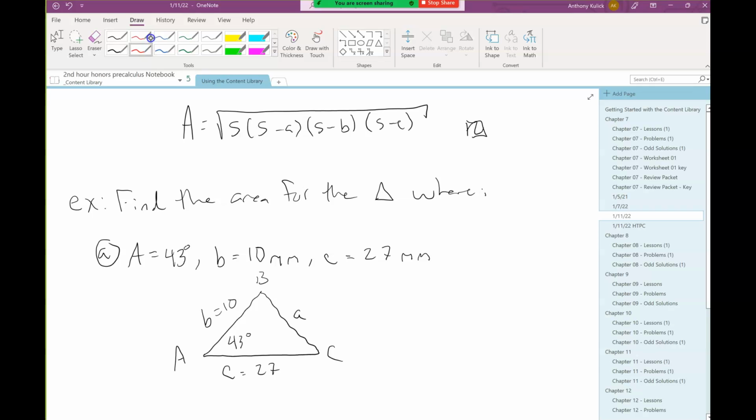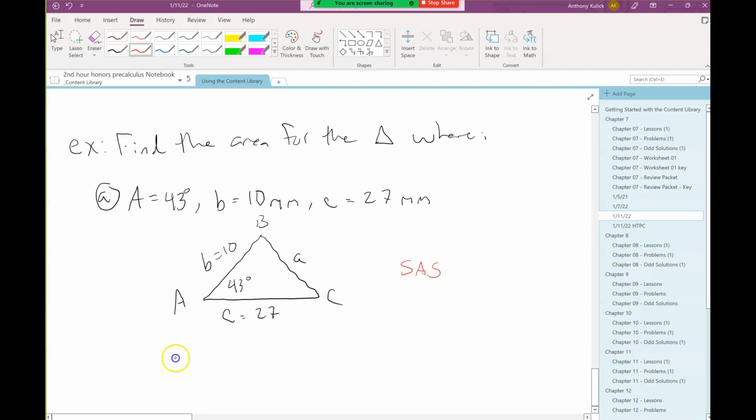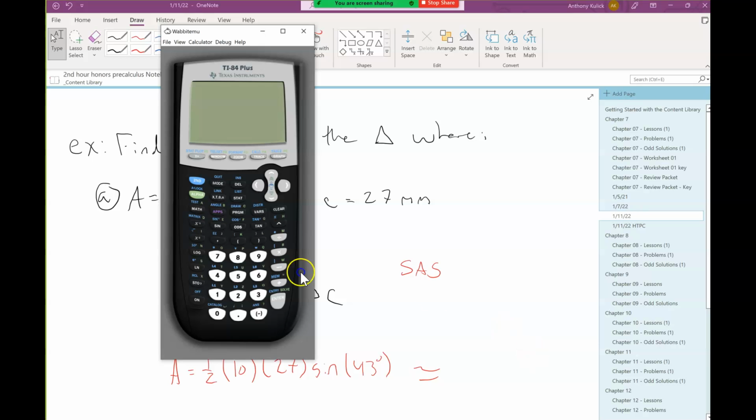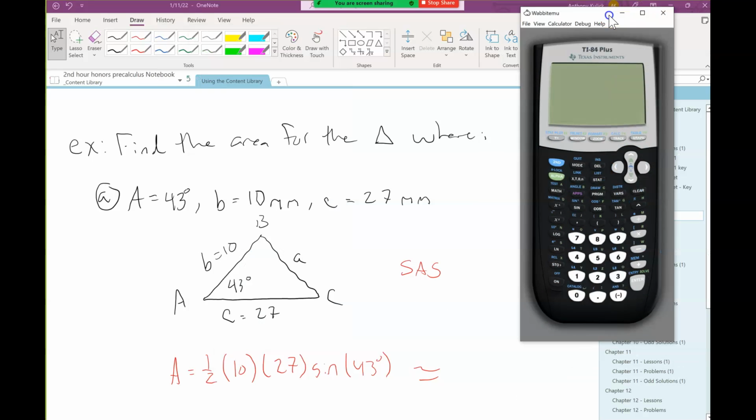What situation are we in? Side angle side. So that just tells me that my area is going to be 1/2 times 10 times 27 times sine 43. Nothing sneaky, nothing tricky.